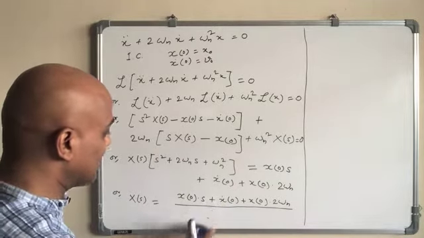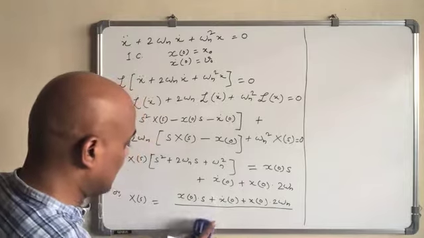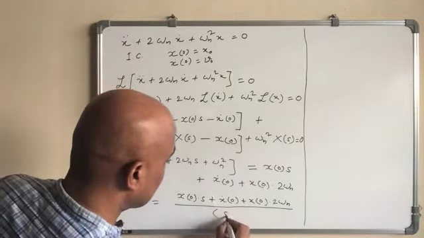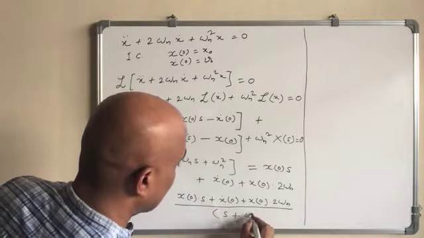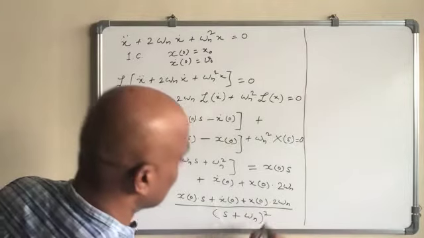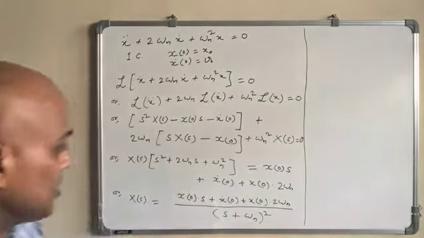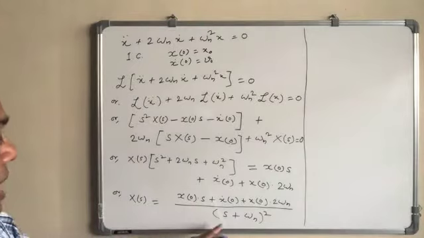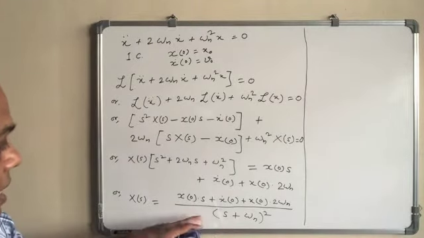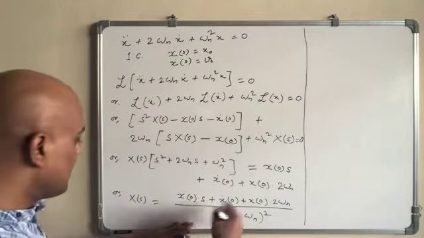We can also write this denominator as s plus omega n whole square. Once we have it like this, we can simplify this further.